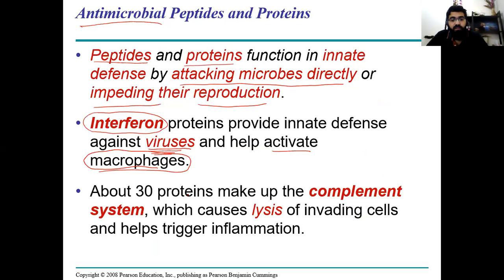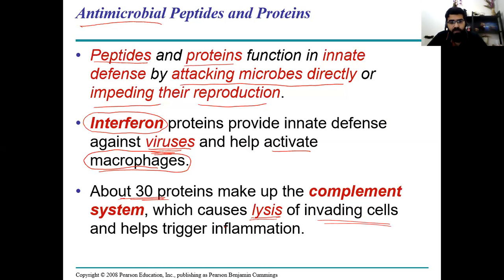About 30 proteins make up the complement system, which causes lysis of invading cells and helps trigger inflammation. We have about 30 different types of antimicrobial proteins. We call them the complement system. They cause lysis, or destroying, of the invading pathogens or microbes.